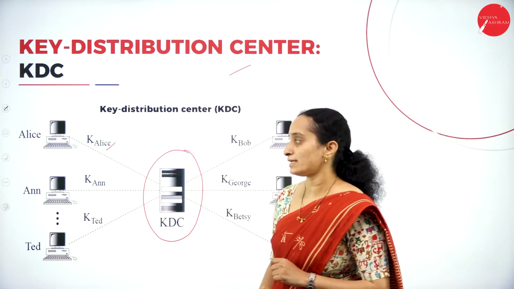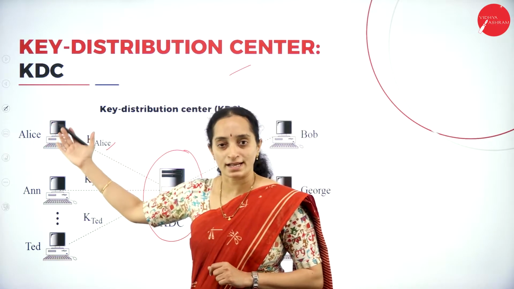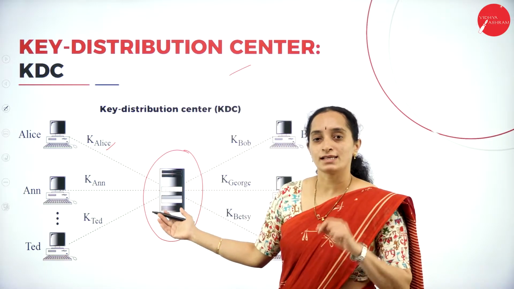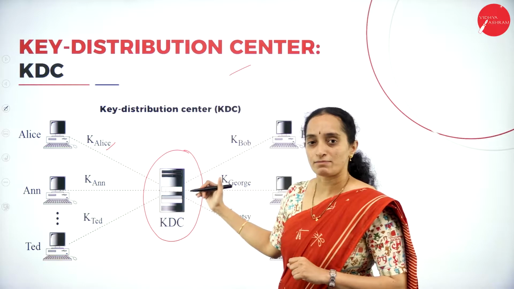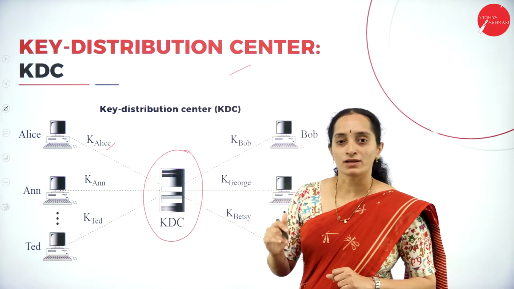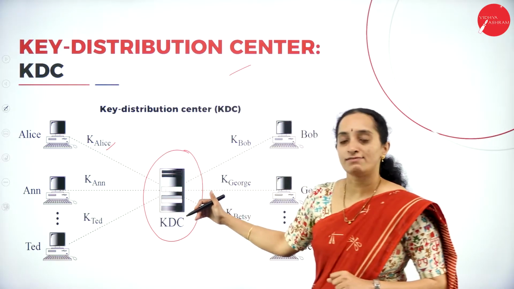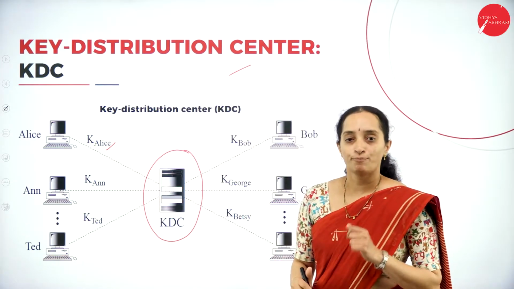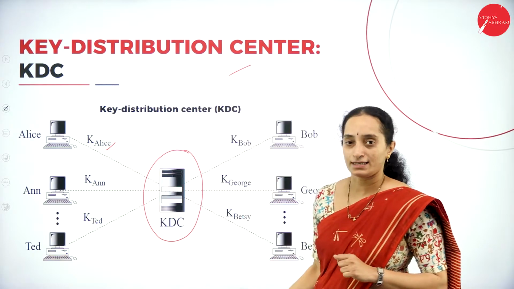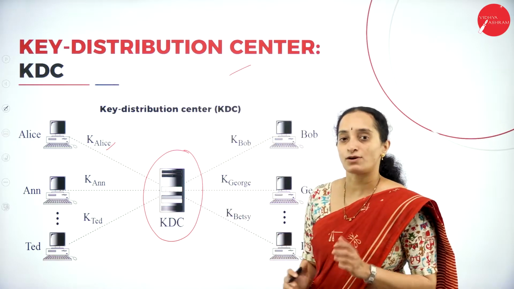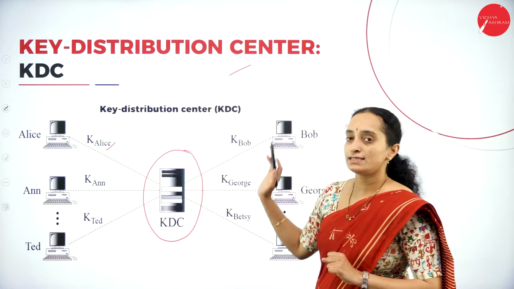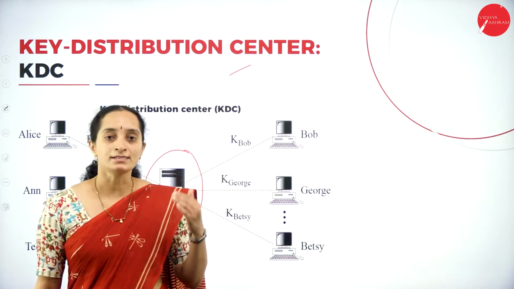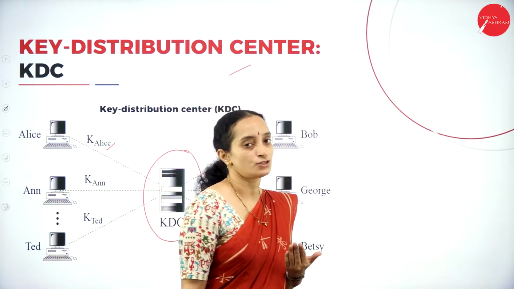What is the procedure? If Alice wants to send a message, she will send a request to the KDC saying that she wants to send a message to Bob. Now the KDC forwards this request to Bob using the secret key, which is already established. The KDC sends this request message to Bob stating that Alice wants to send a message to you.